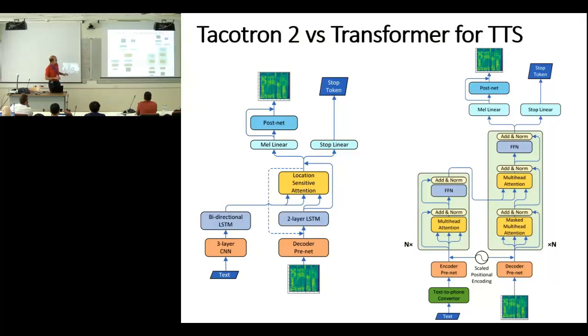And if we compare side by side the Tacotron 2 and the transformer, these two constructs are more or less the same. Here we have some encoder prenet and decoder prenet. We have this stop token, which takes a value below a threshold.